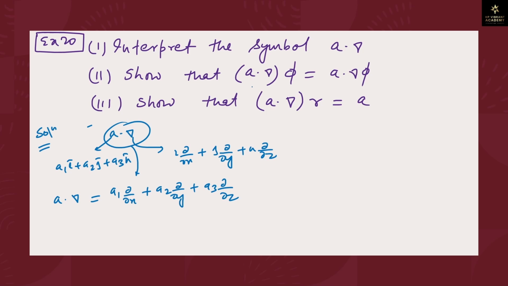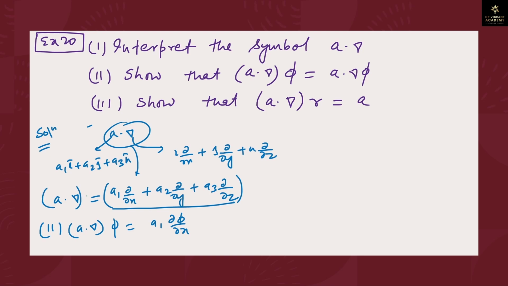Now see, in the second part we have to find a dot del into phi. So this is equal to a1 del phi upon del x. Just multiply this with phi. This is a1 del phi upon del x plus a2 del phi upon del y plus a3 del phi upon del z.